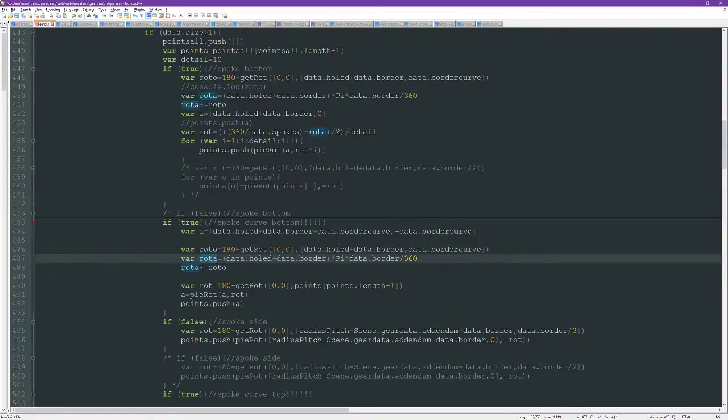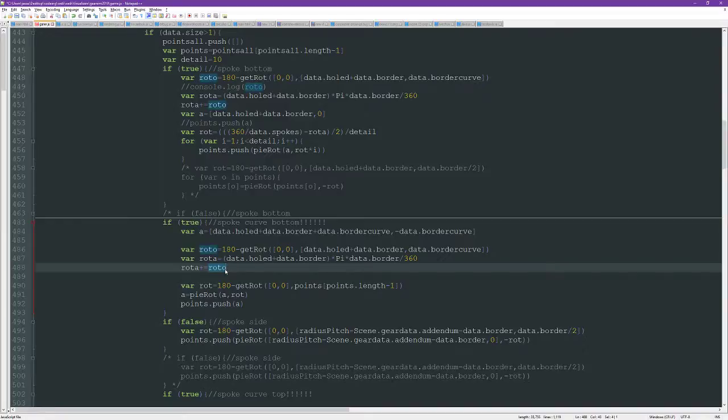So that rotation plus that rotation, which moves it up. But I want it to be further out and the next one of these things around.